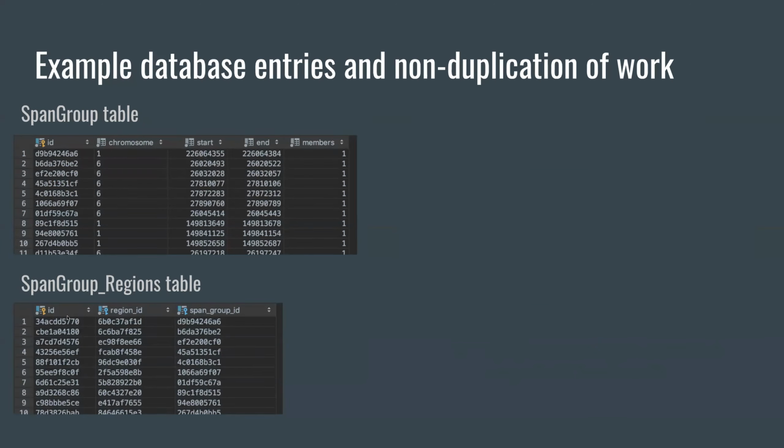And then these bridging tables have the same sort of property, where their main entries, whether they're foreign keys or primary keys, are all hashes. So in this case, this span group ID is referring back to this one, and this one is referring to this one. And then this hash is calculated based on the concatenation of these data.